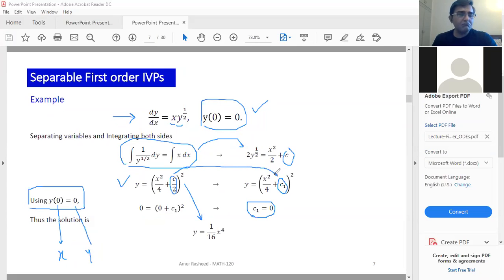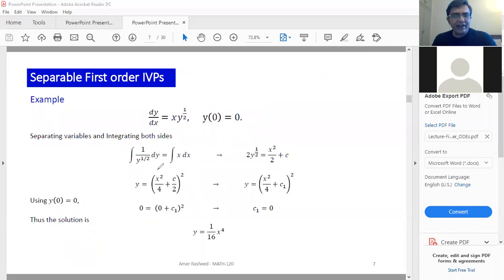Even if we write c by 2 and insert x equal to 0 and y equal to 0, c by 2 will be 0 and ultimately c will be 0. It doesn't change anything if we simplify c by 2 into c1. So don't worry. If you have any confusion, you can leave it c by 2 as it is.